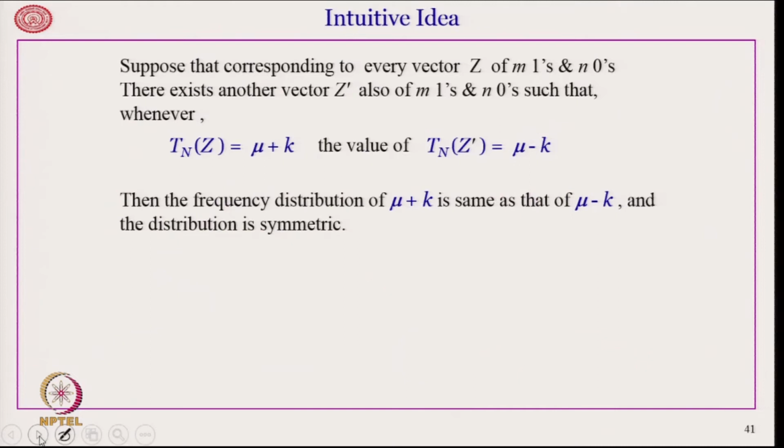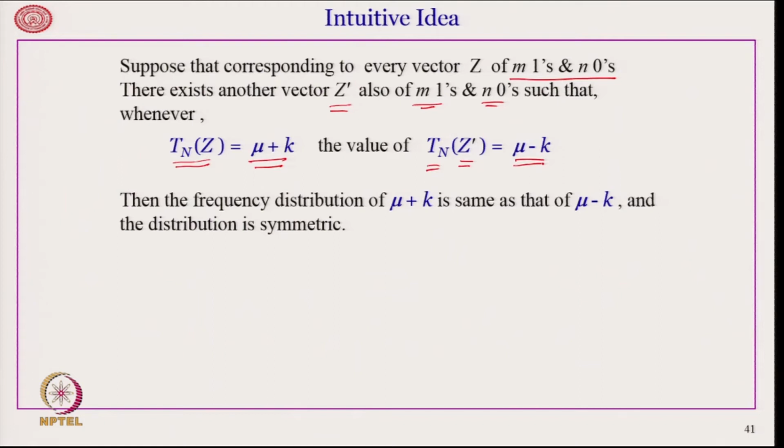So, the intuitive idea is the following. Suppose that corresponding to every vector z of m 1s and n 0s, there exists another vector z prime also of m 1s and n 0s, such that T_N(Z) is equal to mu plus k. Whenever that happens, that for z we get the value of T_N(Z) equal to mu plus k, then for z prime the value of T_N(Z prime) is going to be mu minus k.